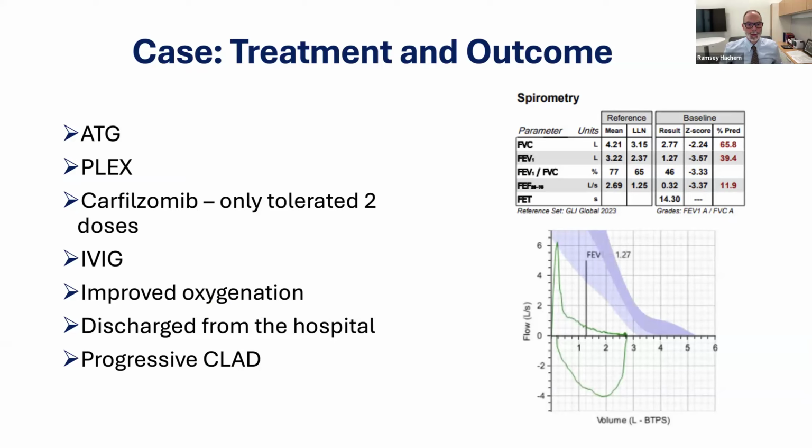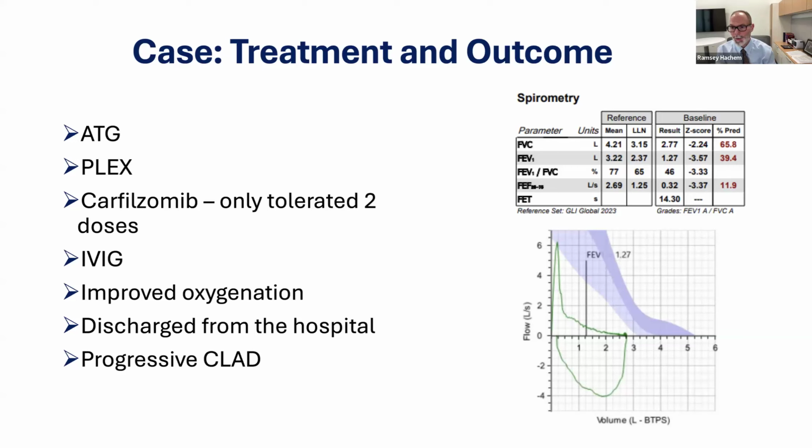He received carfilzomib, but only tolerated 2 doses because of acute kidney injury, and was given IVIG. He had improvement in his oxygenation and actually did not require supplemental oxygen at the time of discharge from the hospital. Unfortunately, with follow-up, he's developed CLAD, and his course has been progressive.